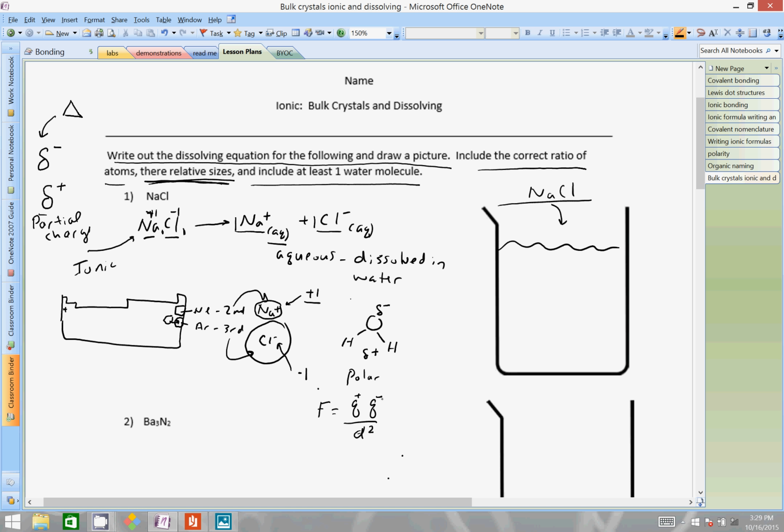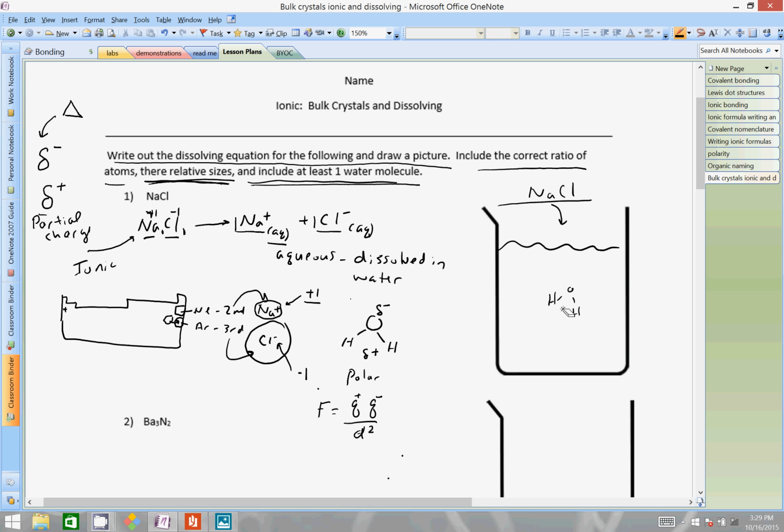So when I draw my picture, I'll go H2O, and it asks me to include at least one water molecule. Now I don't necessarily have to draw on this thing that this area is positive, and I wouldn't want to just put a plus, because that indicates a full positive charge.